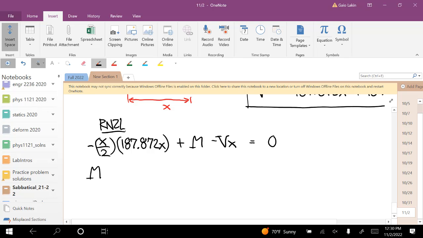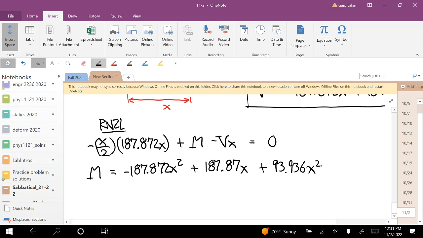So m is equal to negative 187.872 x squared plus 187.87x plus 93.936x squared.